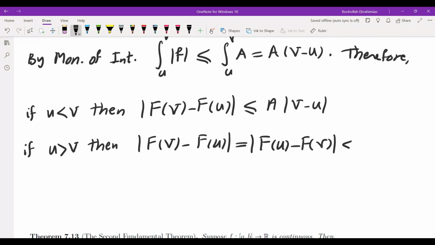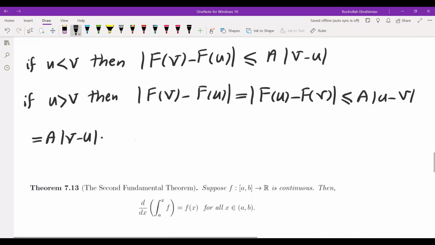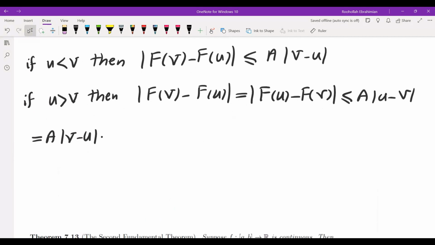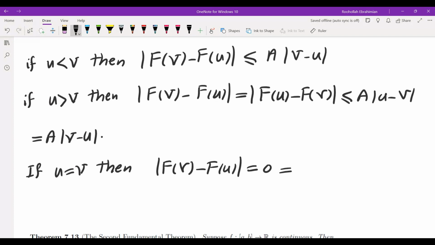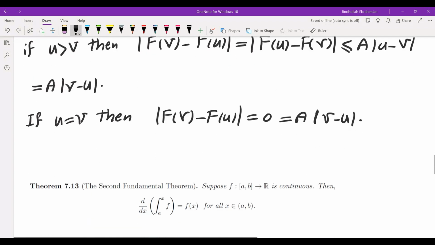If you apply the exact same thing, we get this, which is the same as A times (u minus v). And if u is equal to v, then F(v) minus F(u) is 0, and so is A times the absolute value of u minus v.